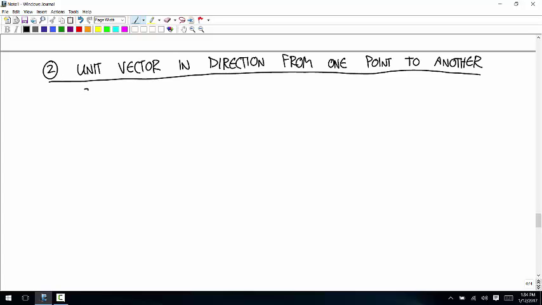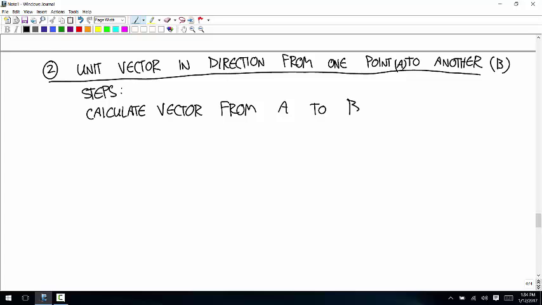And the steps for this are: calculate a vector from one point, I'll call that A, to another, I'll call that B. The first thing we're going to do is calculate a vector from A to B. And then the second step is find the unit vector in that direction.